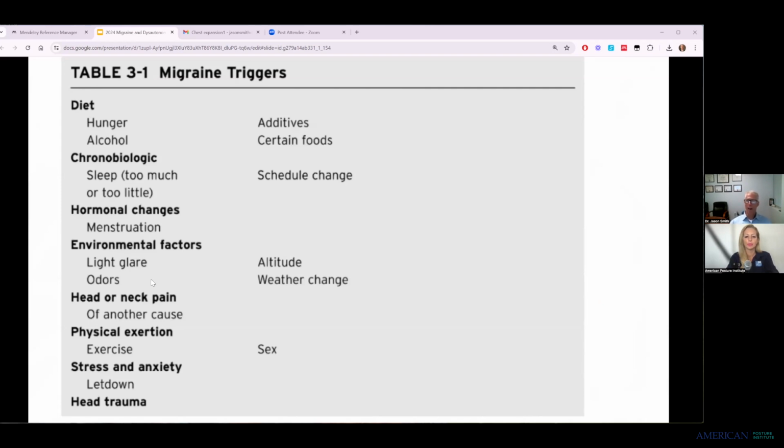But then they come back and they start having a lot of symptoms again. But it's not just from high to low, I have people that go from low to high that also get triggers. So everything from head and neck pain, injuries, physical exertion, stress, anxiety, letdown, but also good stresses can trigger migraines as well. And then head trauma.